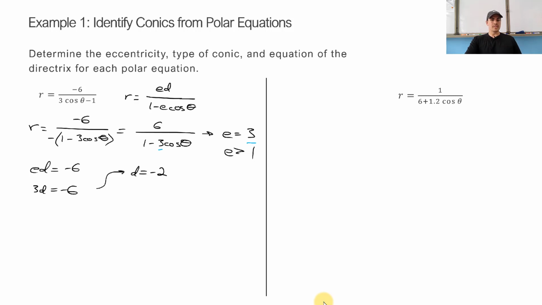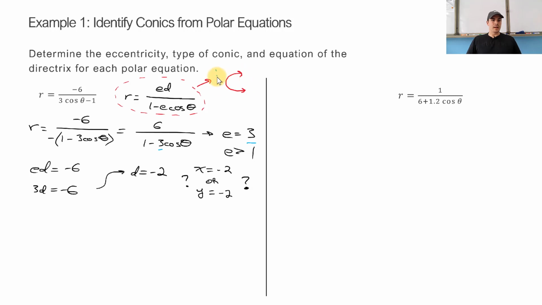So does that mean that my directrix is x equals negative 2 or y equals negative 2? How do I know? Taking a look at our general form here, I can see that this is sideways facing, because I have cosine, so it's a sideways facing conic section, and it'll be a hyperbola.